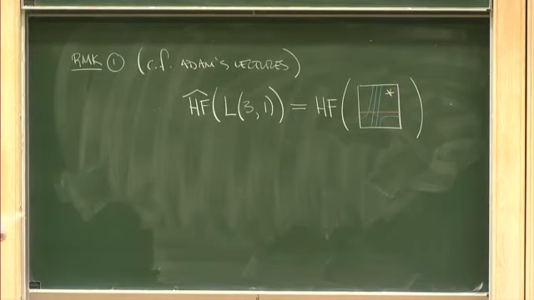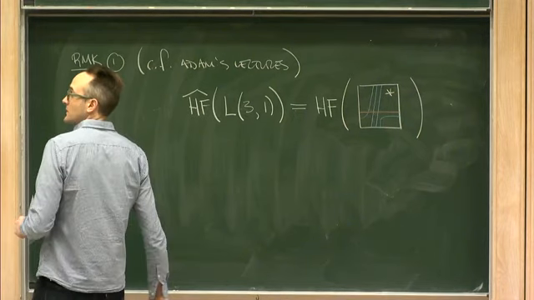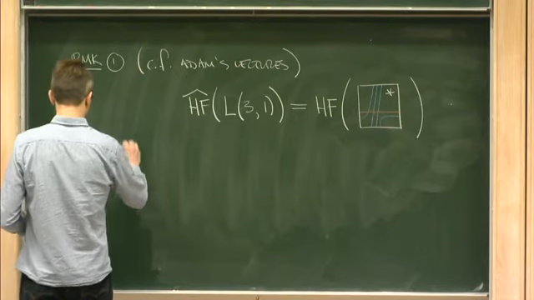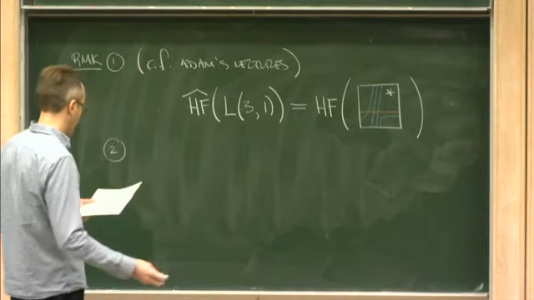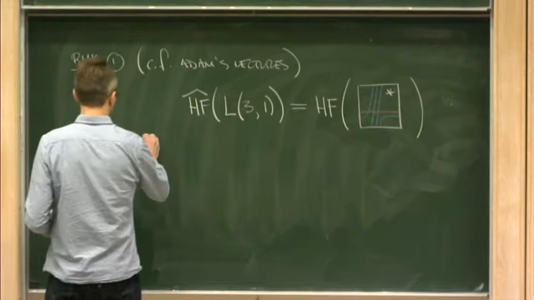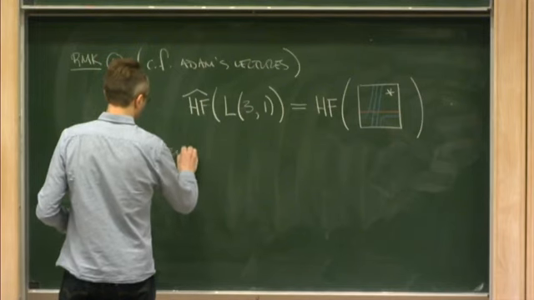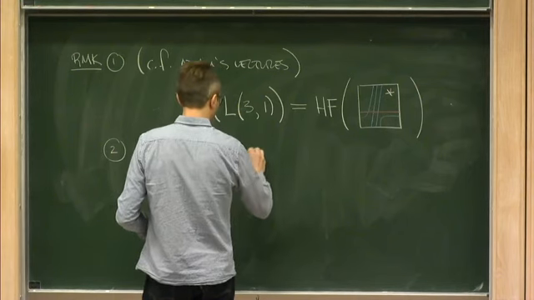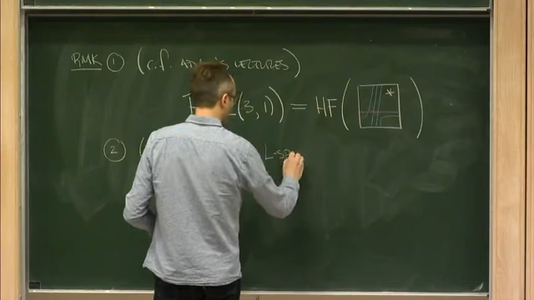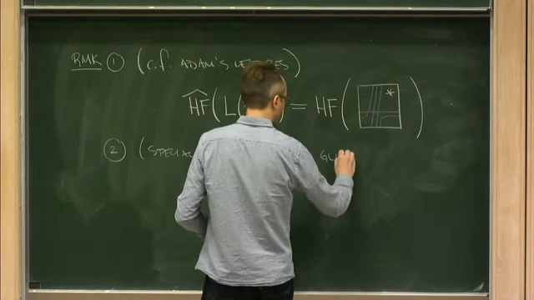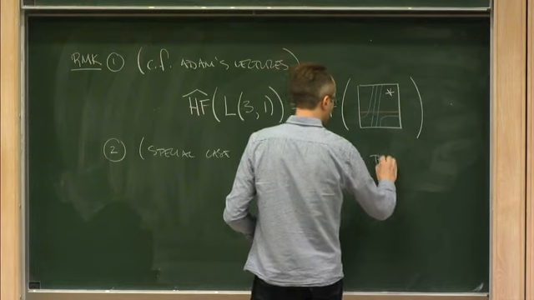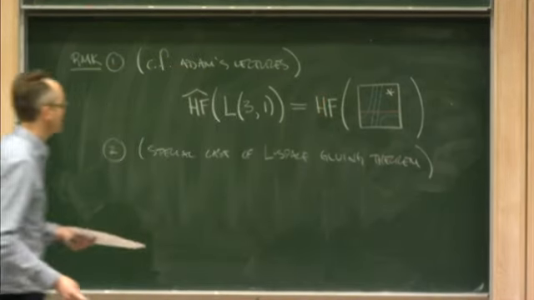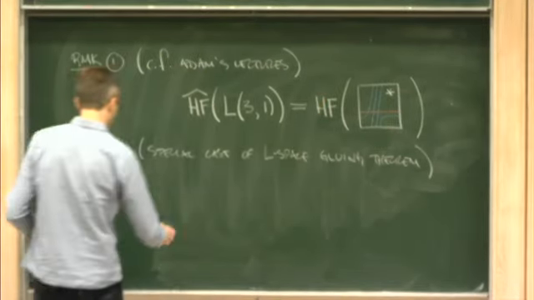Okay? And then the second remark, and this is where I'm going to start trying to save myself some time, I think. So as a special case of this, of the L-space gluing theorem, well, you could imagine something like this.